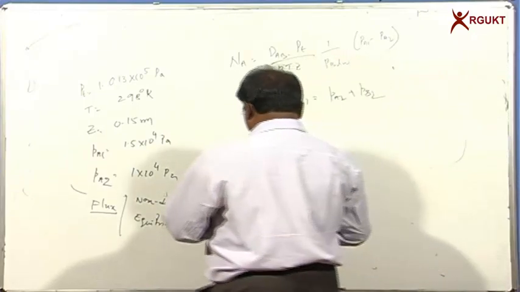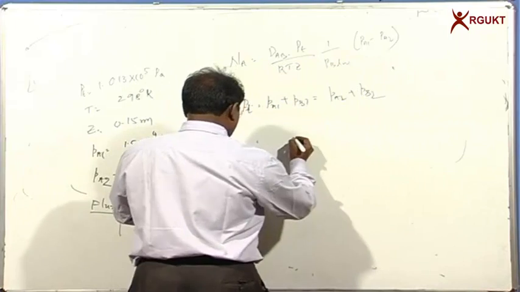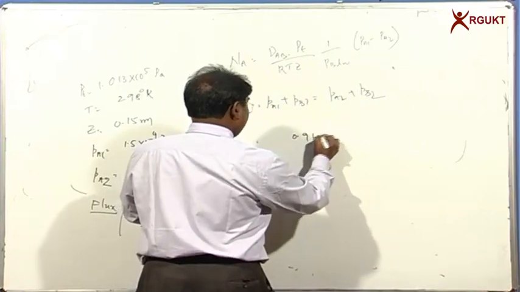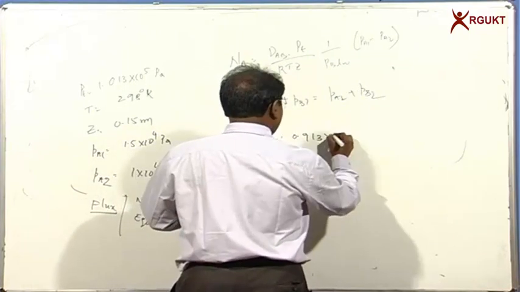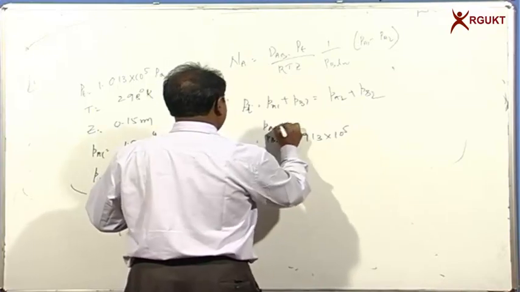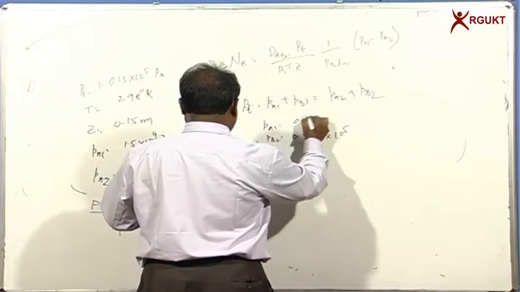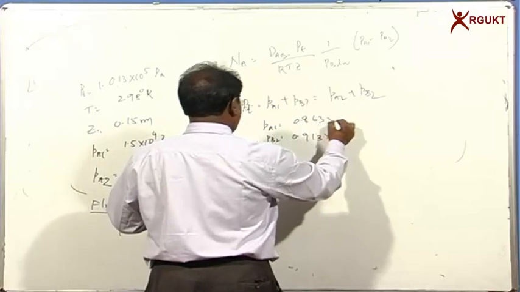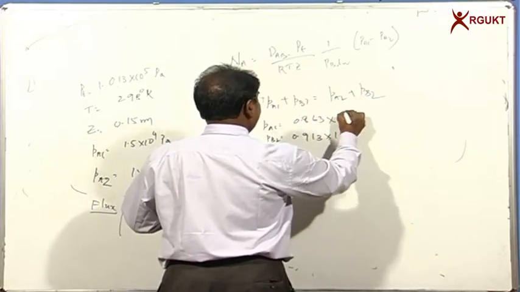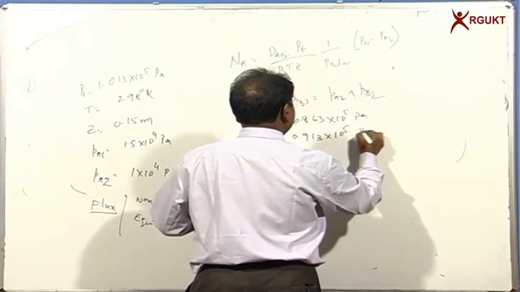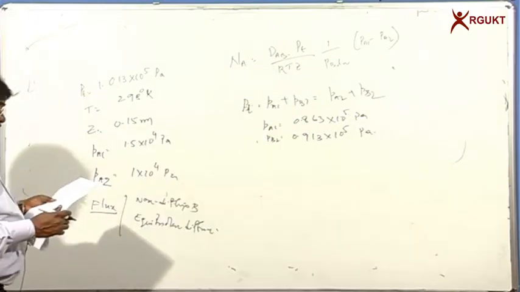PB1 is going to become 0.863 into 10 power 5 pascals, and PB2 is 0.913 into 10 power 5 pascals.